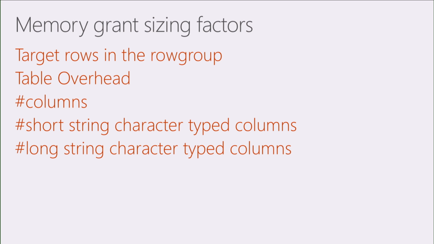Anything greater than that is considered to be a long string. And the algorithm, when it's working out how much memory you need to perform an operation like an index rebuild, takes into account all of these factors.